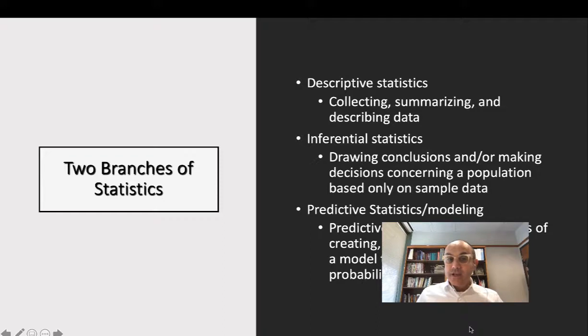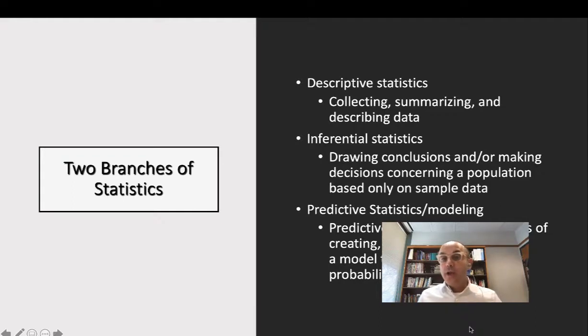In statistics, there are 2 branches, and usually there's also predictive statistics or modeling, but the foundation or the key component of statistics is usually descriptive and inferential. In descriptive, we are collecting or summarizing the data.